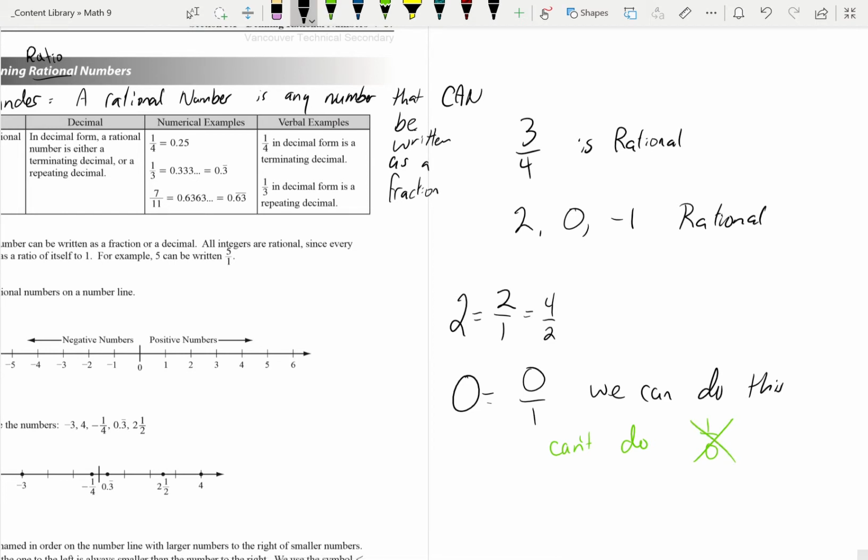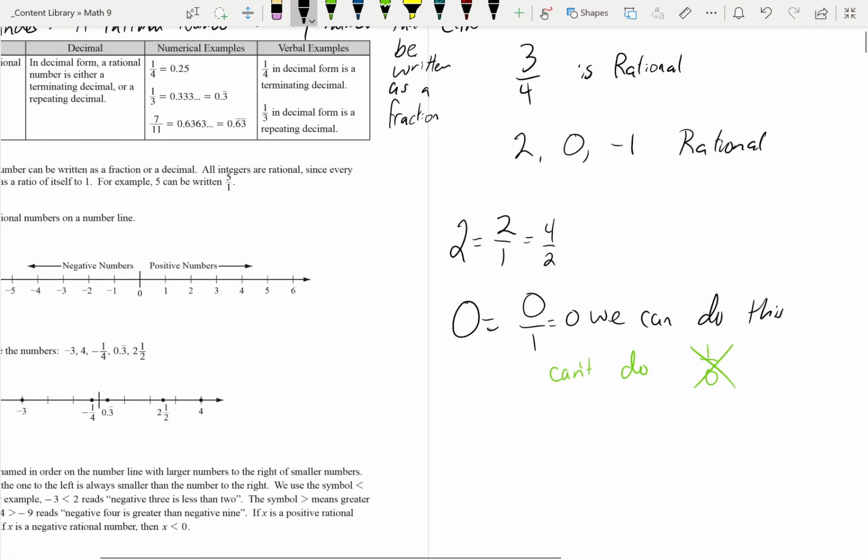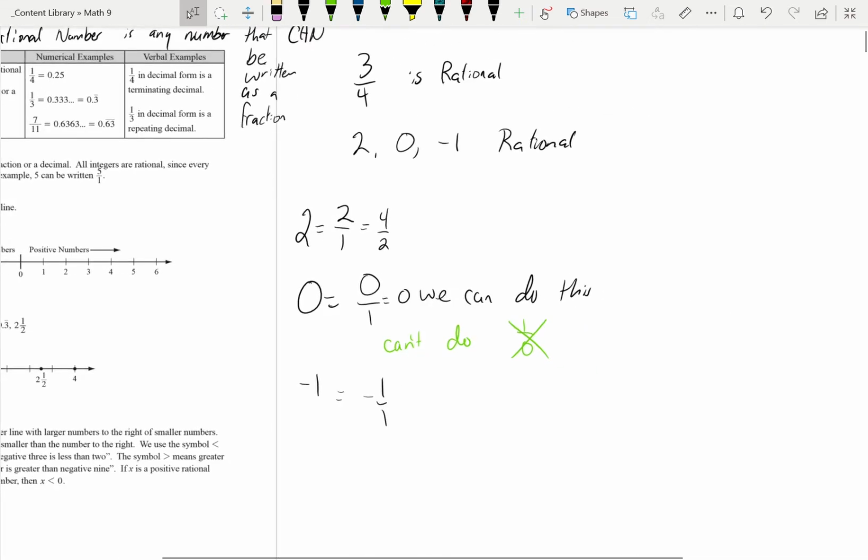We can have 0 in the numerator because 0 divided by 1 just gives me 0. How many times can I split 0 into one group? 0 times. And then for -1, well, I could write this as -1 over 1. So I can always put something over 1 to turn it from a whole number or an integer into a fraction.